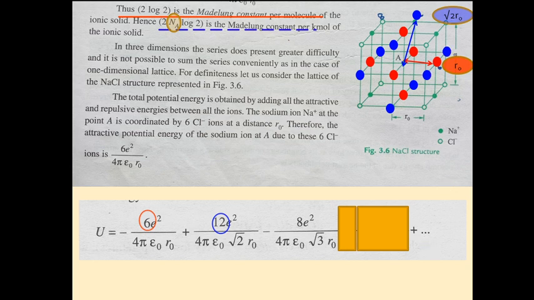So this is 4 plus 4, 8 sodium atoms at a distance of root 2 R0, but there is still one more plane, orthogonal to both of these planes, and that would be this one, 1, 2, 3 and 4. So in a nutshell, there are 12 blue dots, and therefore 12 sodium ions at the same distance of root 2 R0. Therefore the second step in the total energy calculation is with 12 e square upon 4 pi epsilon 0 root 2 R0.